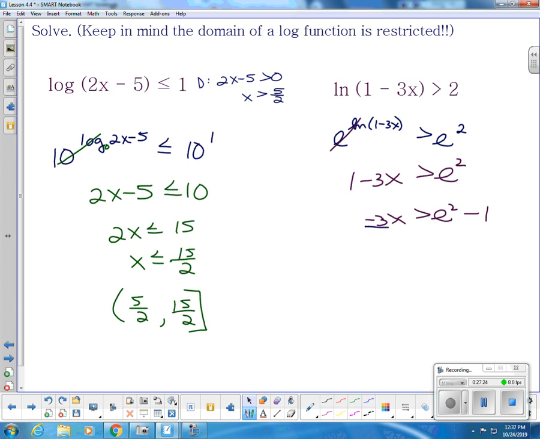And I'm dividing by a -3, so what happens to my symbol? It flips. So using your handy-dandy calculator.